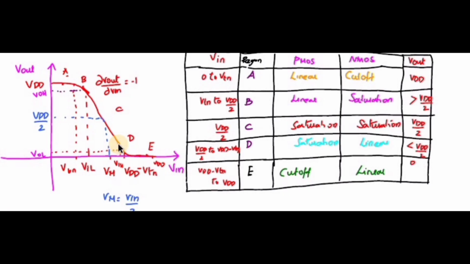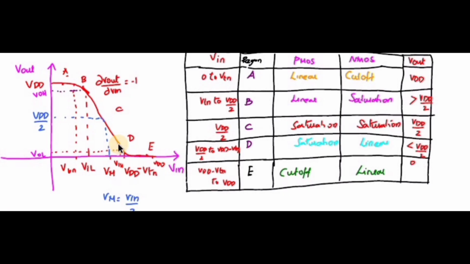At B, I am going to find VIL at the x-axis and VOH at the y-axis, and at D, I form VIH, and at the y-axis I form VOL. So you can see the region values. For B region, PMOS is in linear and NMOS is in saturation. At D region, PMOS is in saturation and the NMOS is in linear.